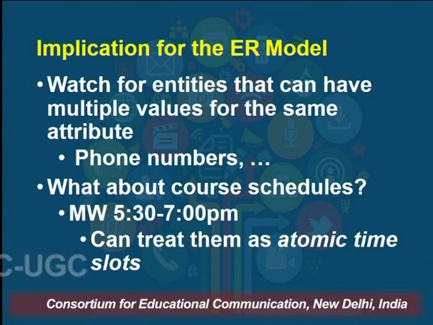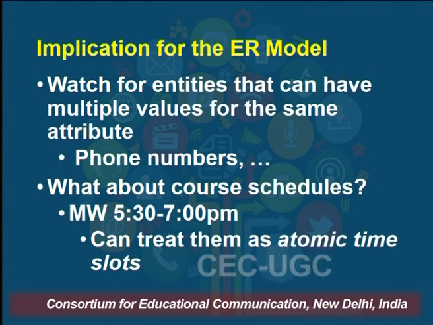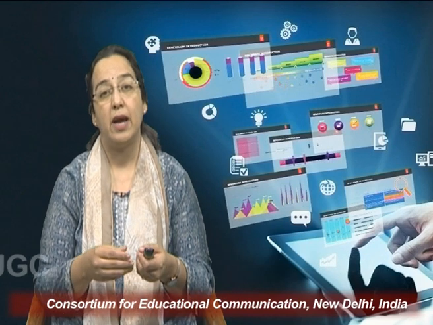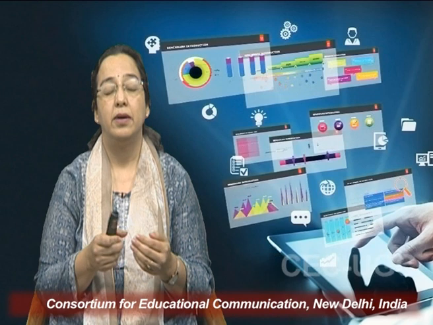So, when we talk about a university database, or let's say a course schedule running from Monday to Wednesday, 5:30 to 7 p.m., can we call this 5:30 to 7 p.m. on Monday and Wednesday an atomic value? We need to take a design decision over there.